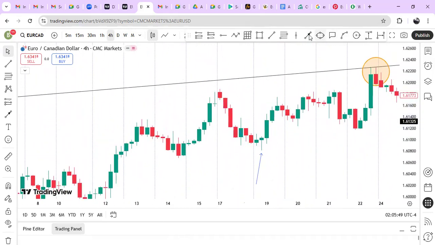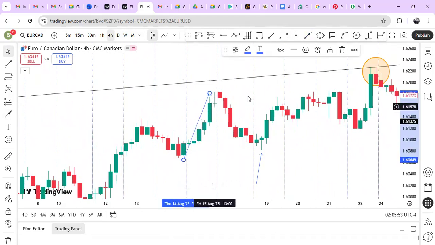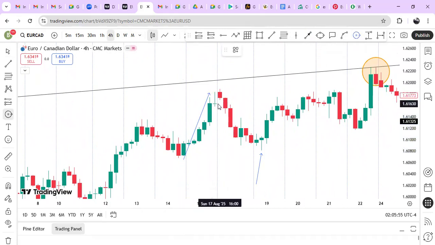Then see here again, we had this bullish push to the upside till this dragonfly doji, or just call it a doji candle, formed. When this sharp doji formed, the market changed bias. A doji formed there, a hammer formed, the market changed.